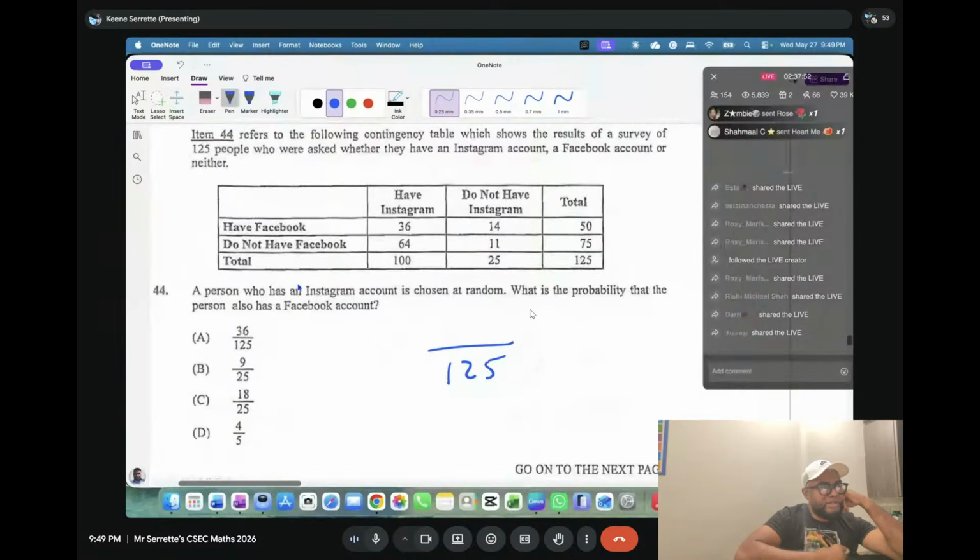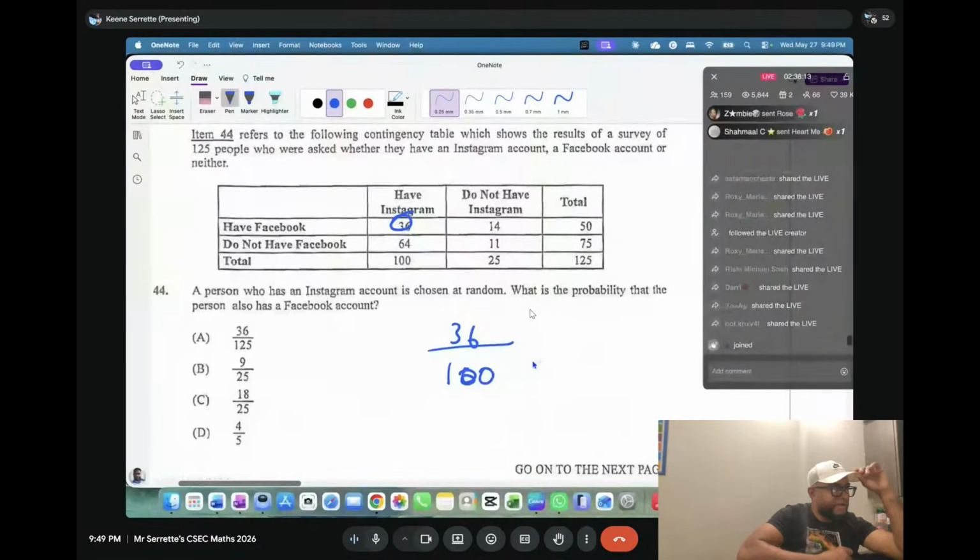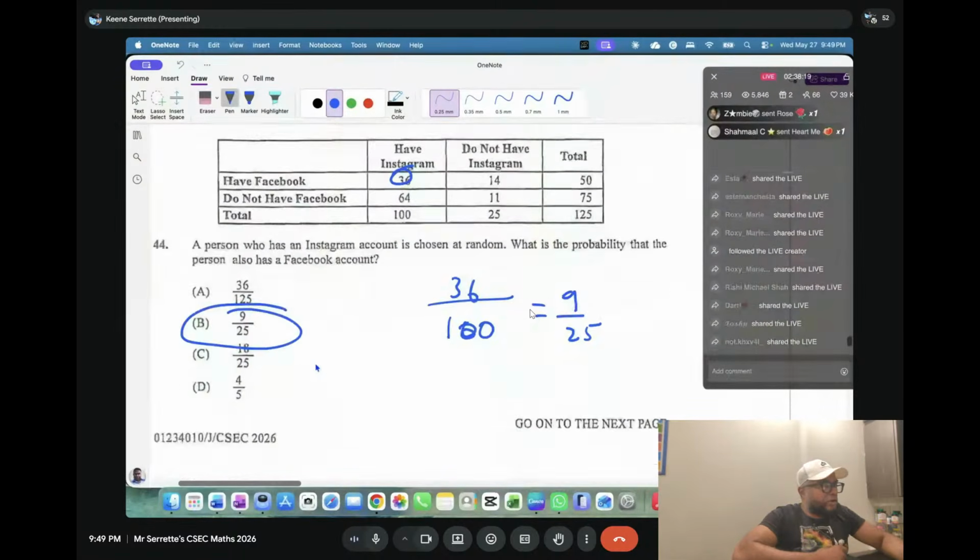Finish reading the question. So that will be: what's the probability that they have a Facebook account also? We did it with the 36.